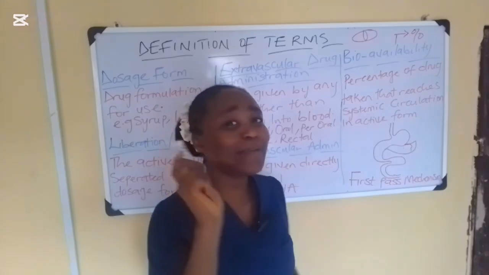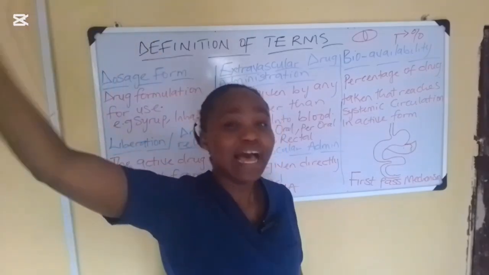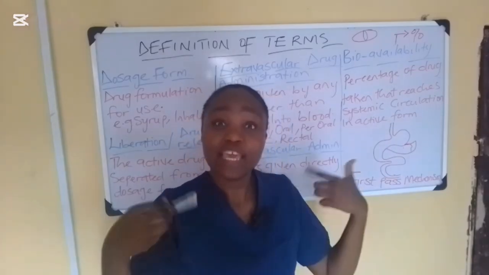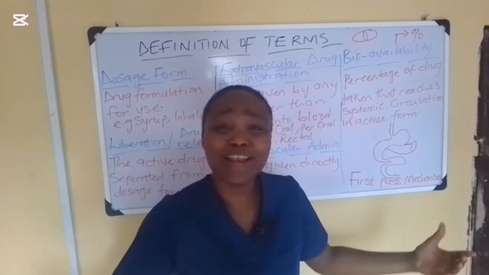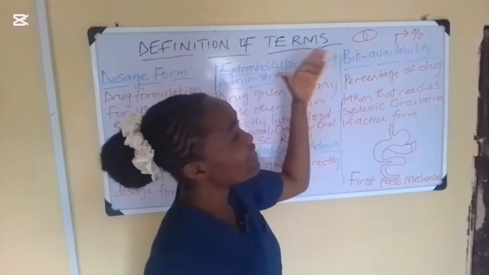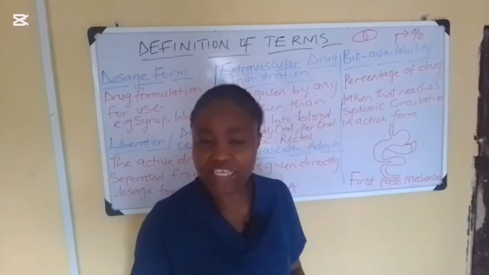Remember that systemic circulation only begins after the blood has been passed to the heart and then to the body. What percentage of drug would we finally find in the body after it has passed through the heart? Because we were likely to lose a lot of drug during this first pass effect. So the percentage that is finally available is what we call the bioavailability of the drug.